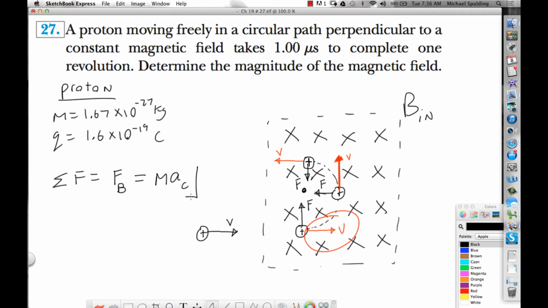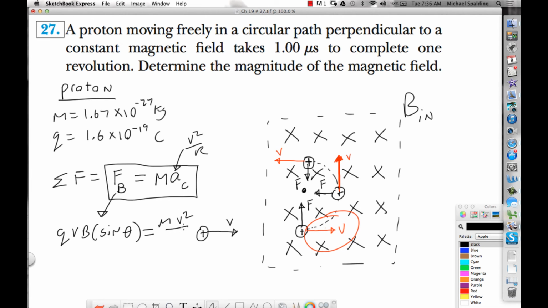Centripetal acceleration is equal to v squared over r. Then we plug in the equation for the force of the magnetic field: q v B sine theta equals m, and then centripetal acceleration is v squared over r.